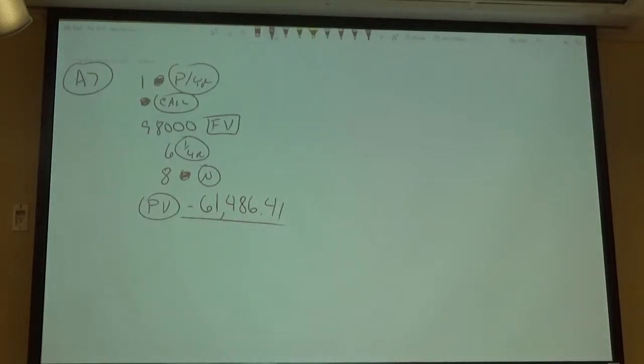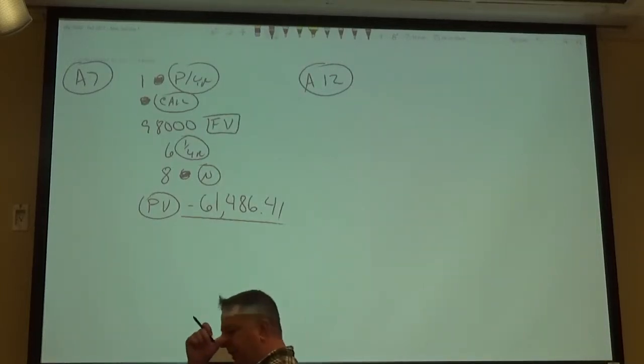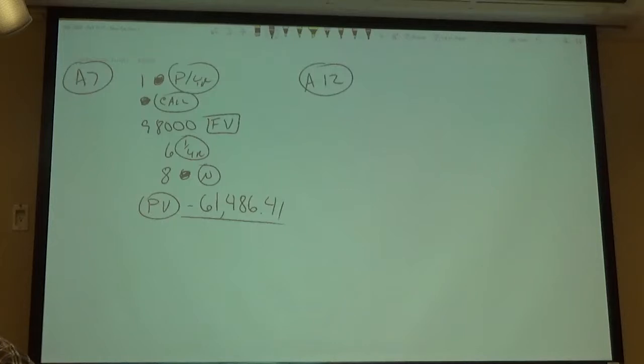All right. Let's pick another one here. Let's do A12. Okay, A12. You're considering the purchase of 75 acres of land that you believe will be developed as a shopping center.